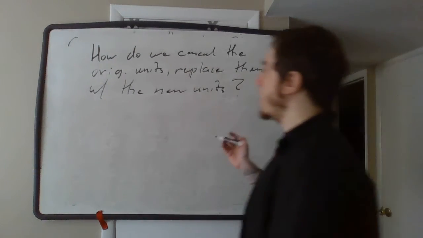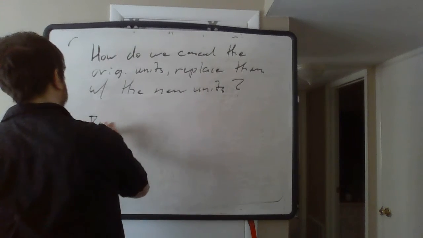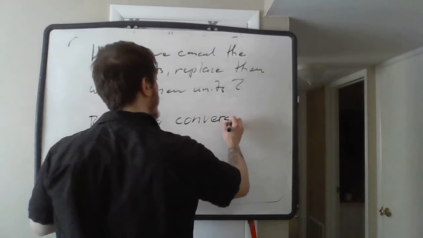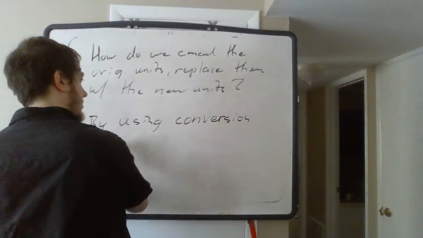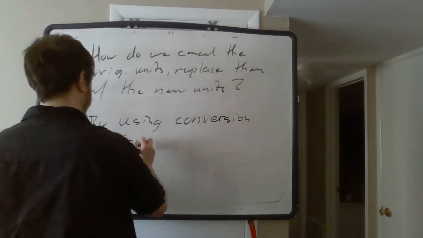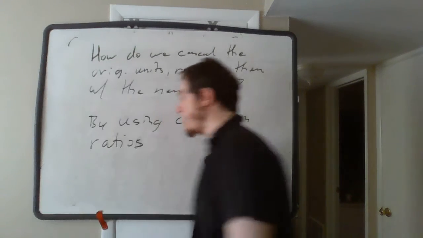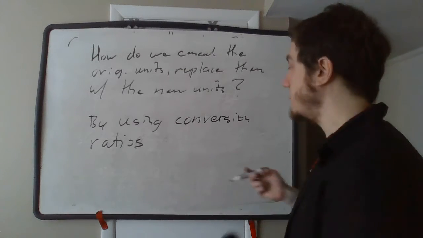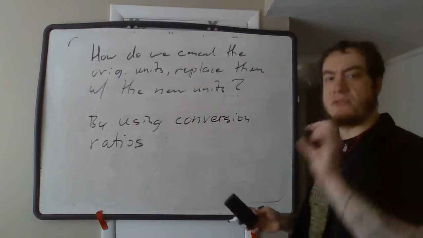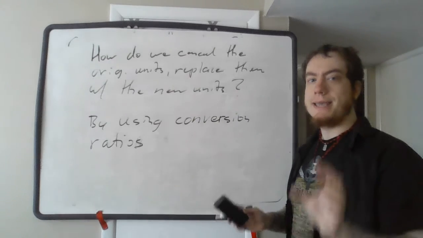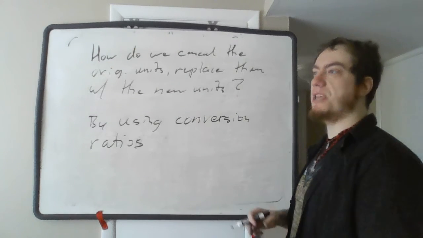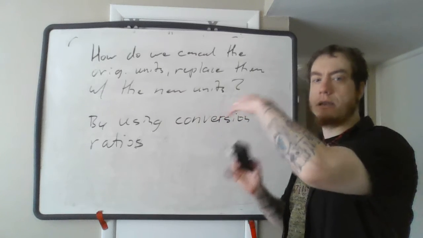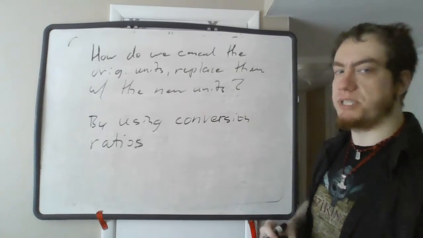So we asked ourselves, what conversion ratios would we need to use? And remember, a conversion ratio is a fraction involving units that is equal to 1. So something like 12 inches per 1 foot. Those are actually the same quantities, so their ratio is equal to 1.